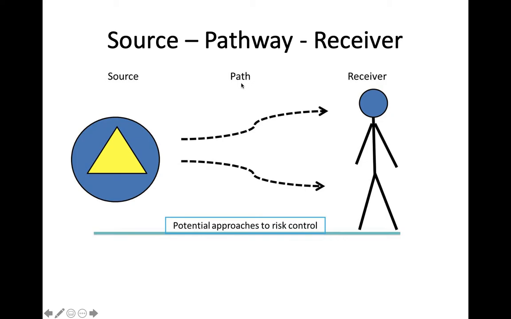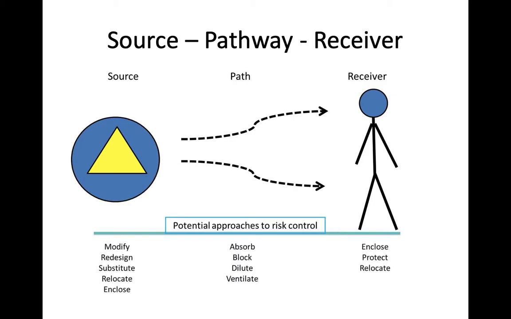Then the next would be eliminating or doing something in the transmission pathway of the exposure. And lastly, at the person level itself, can there be anything done? Something like PPE at the human level to prevent the exposure. So that's the source, pathway, receiver. Maybe that kind of brings together the whole point.